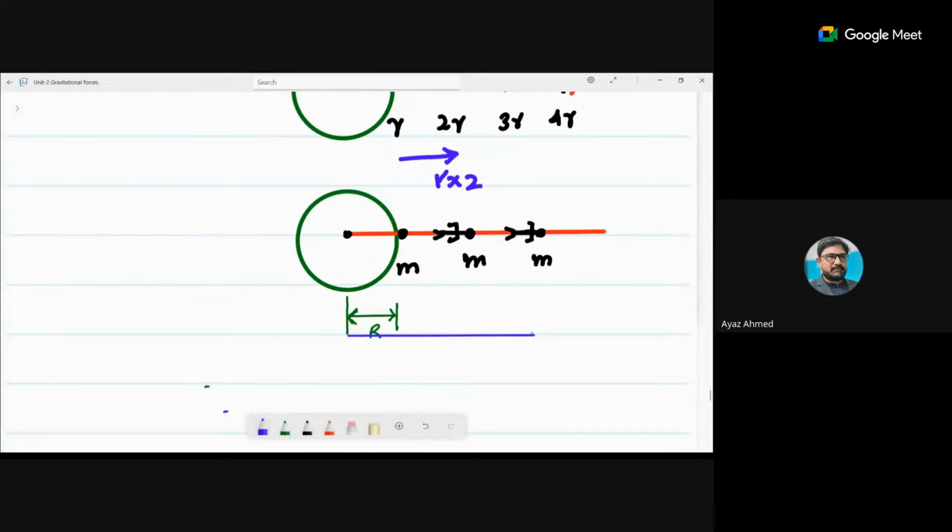Let's say I consider this point. This is the point where this is the total r, but this r consists of two separate positions. Check this one out. This is your height h, or you can consider it height h.